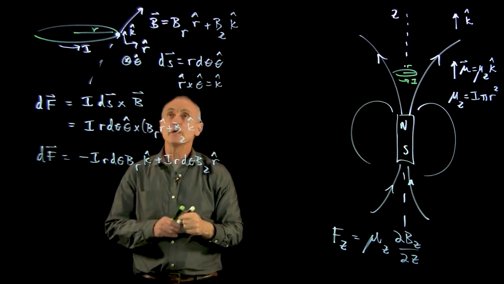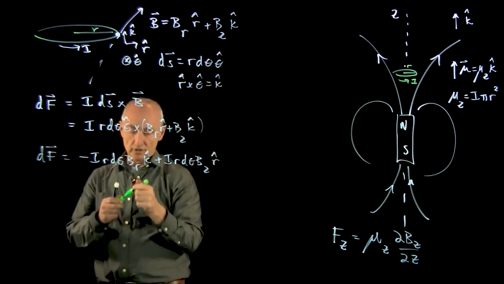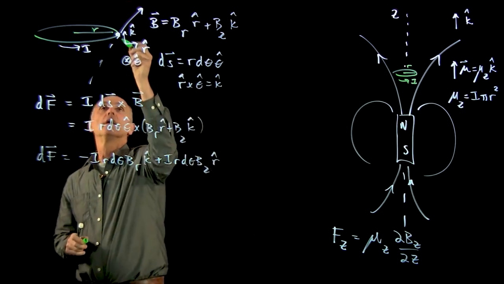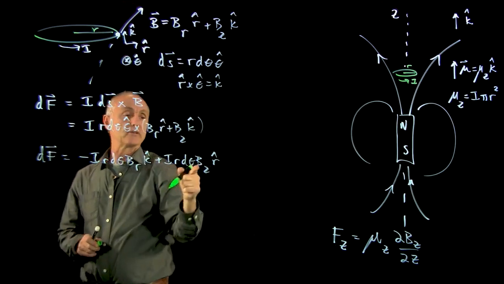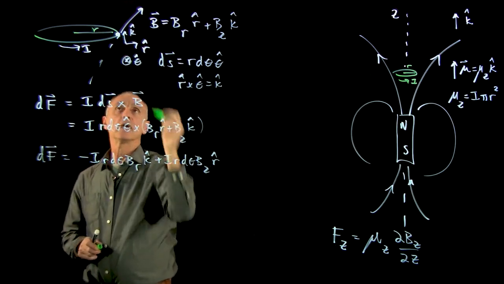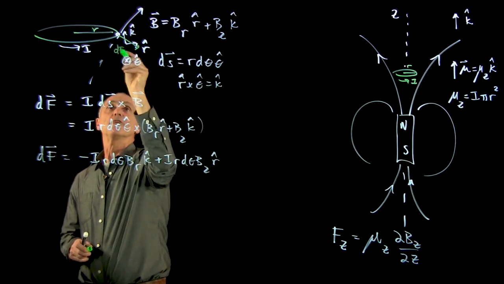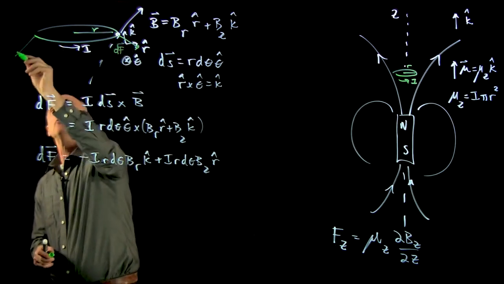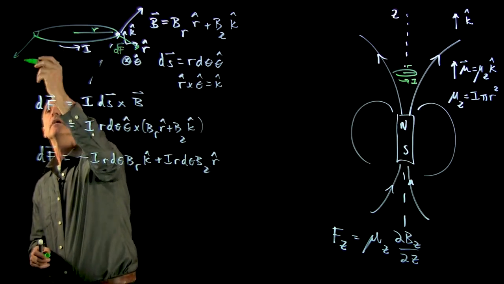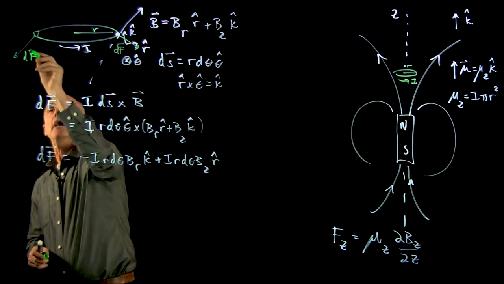Now, what this is showing us is that if we look a little carefully, the force has a negative k hat piece and a positive r hat piece. So there's a little dF here.